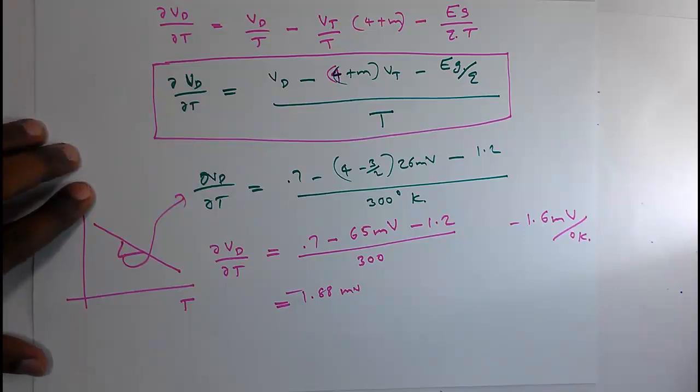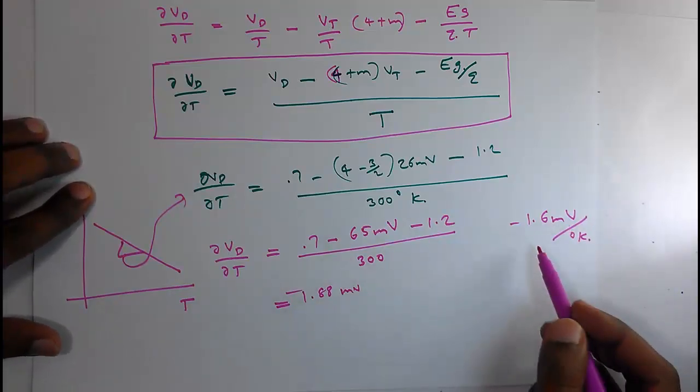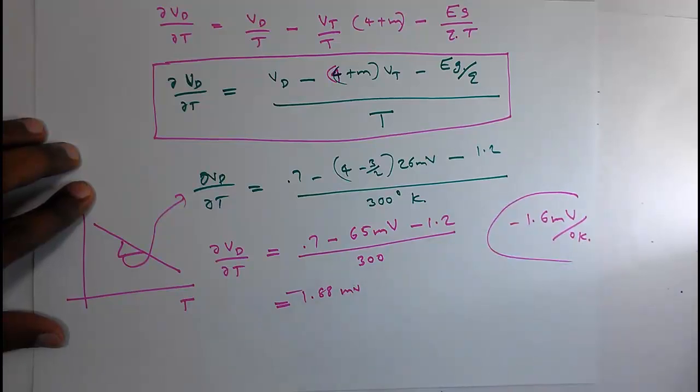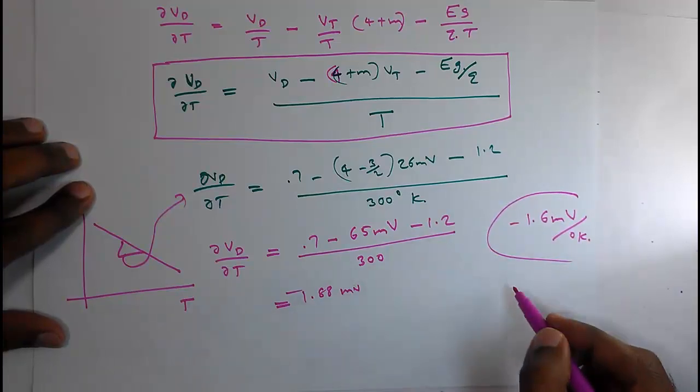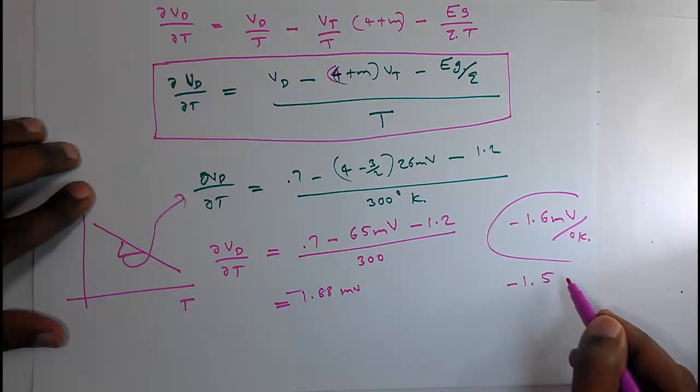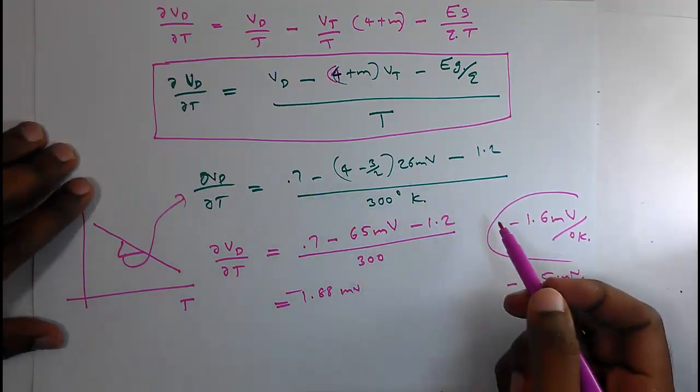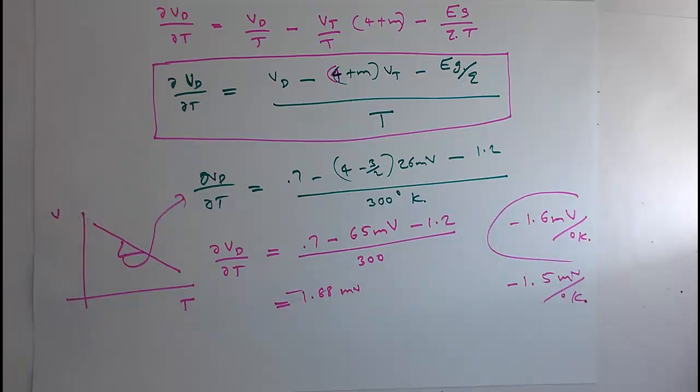According to that, this value will change. Even in some textbooks it is given as minus 1.5 millivolt per degree Kelvin. I just substituted some approximate values to get a figure of how much it will come to. So it will come near to minus 1.6 millivolt per degree Kelvin.